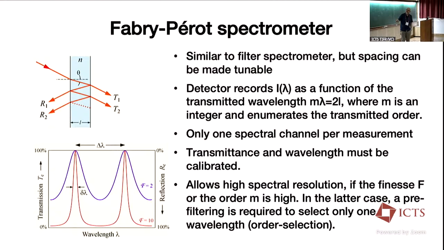So you will get basically no transmission apart from peaks here, which repeat themselves periodically, and we get a transmission peak of almost 100% every time 2 times the distance between the two mirrors is a multiple of the wavelength.